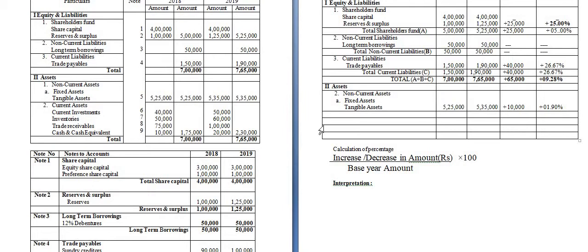Okay, now make the total of tangible assets.